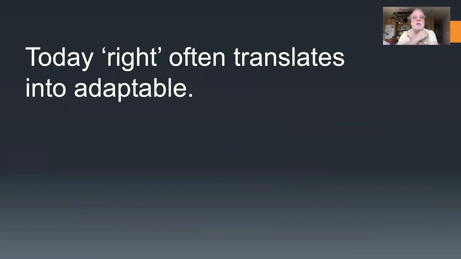Okay, so one of the things we get having watched those videos and we move into a company, be it a nonprofit, like let's say the American Cancer Society, or a major corporation, like let's say Coca-Cola or something like that, the idea that right often translates into adaptable, okay?